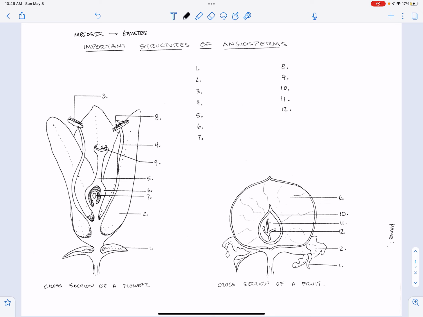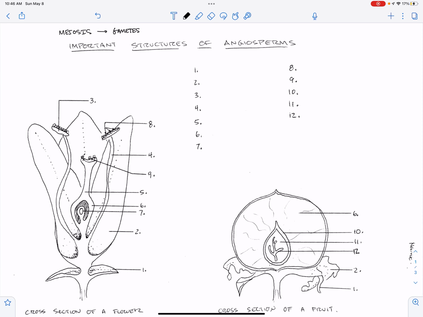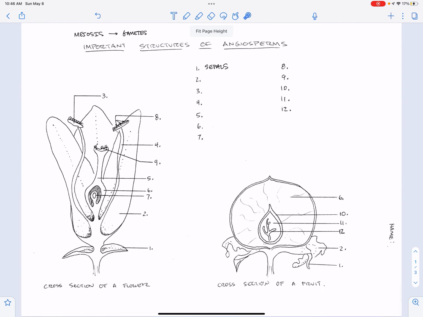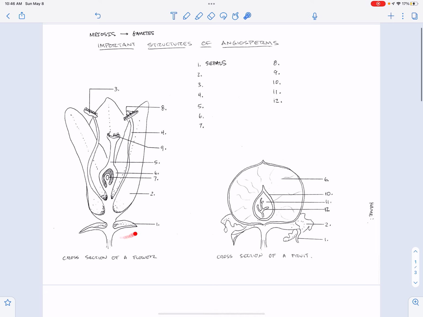Okay, so important structures of angiosperms: flowers and fruits. Number one, down here, we have a structure called a sepal, or sepals. Sepals are, depending on the plant, they can look kind of like a petal or kind of like a leaf. They enclose the flower before it opens, and then they open up to expose the flower.